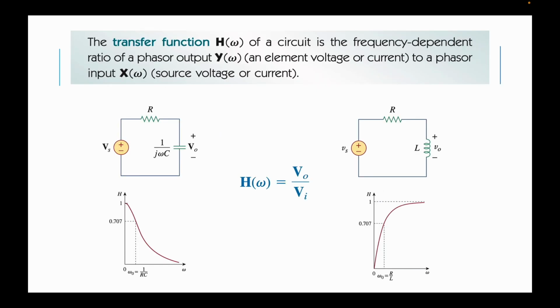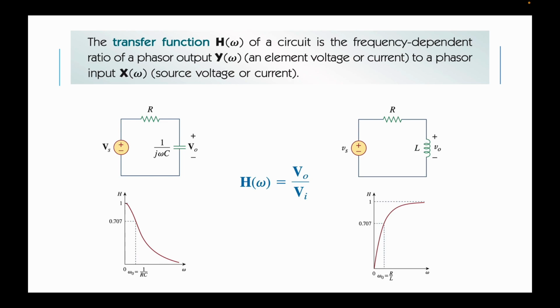To better understand transfer functions, let's consider a simple circuit, an RL circuit. In this RL circuit, we have a resistor, an inductor, and a voltage source connected in series. The voltage source is frequency dependent.